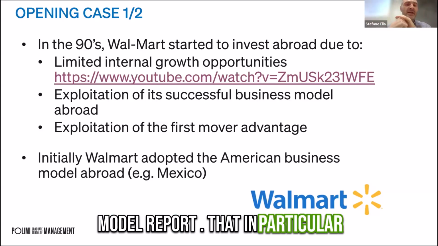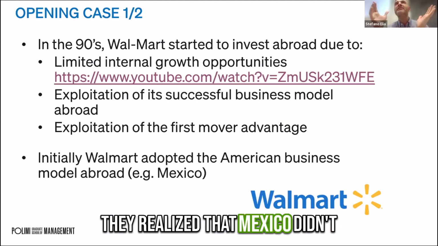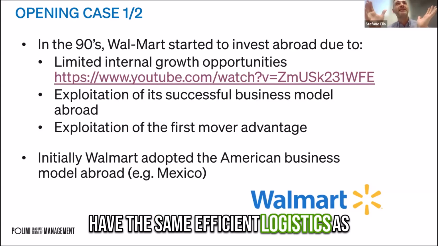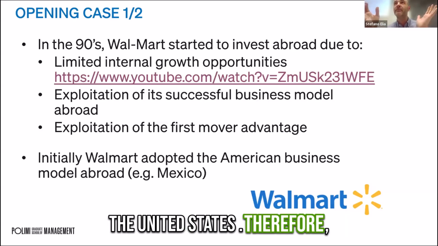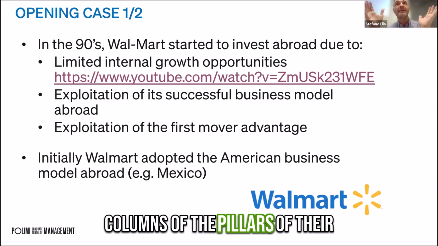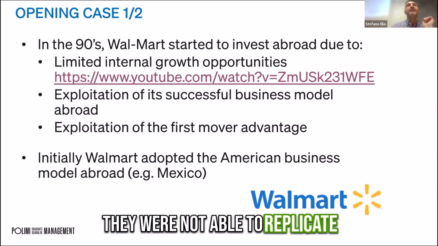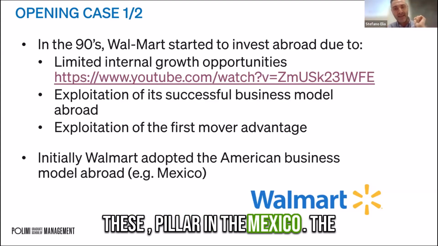Okay. In particular, what happened is that, first of all, they realized that Mexico didn't have the same efficient logistics as the United States. Therefore, efficient logistics was one of the columns or the pillars of their successful business model, but they were not able to replicate this pillar in Mexico.